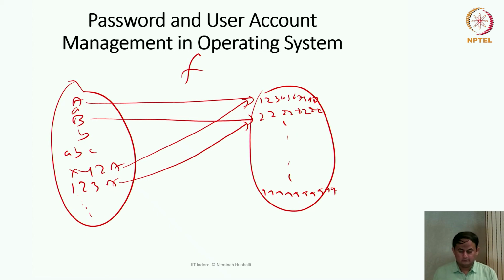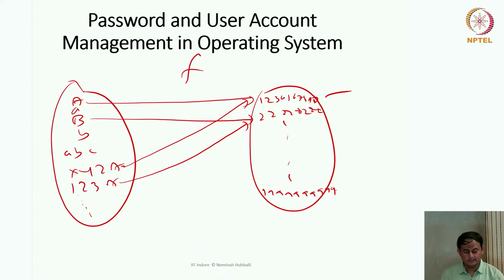So in our context, what it means is, if my input password is A, then this hash value 1 2 3 4 5 6 is generated. If my password is XYG, then also the same hash value is generated.